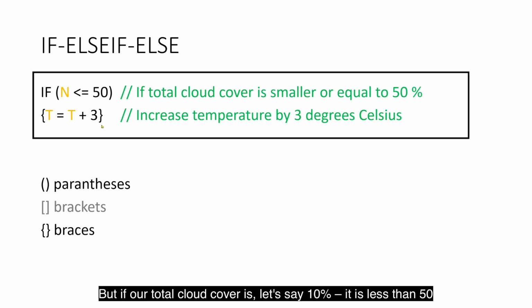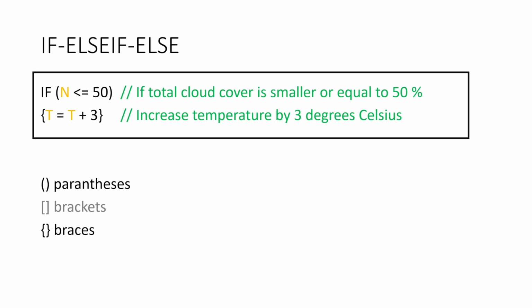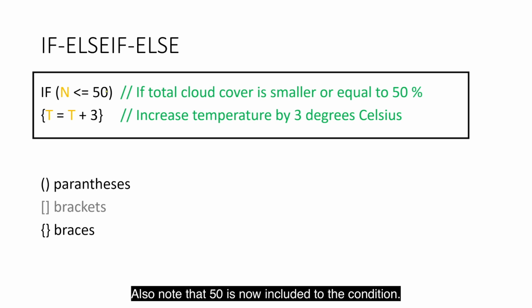But if our total cloud cover is, let's say, 10%, it is less than 50, and then the temperature would be increased by 3 degrees. Also note that 50 is now included in the condition. So, if total cloud cover is exactly 50%, the condition would still be fulfilled because this is smaller or equal to.